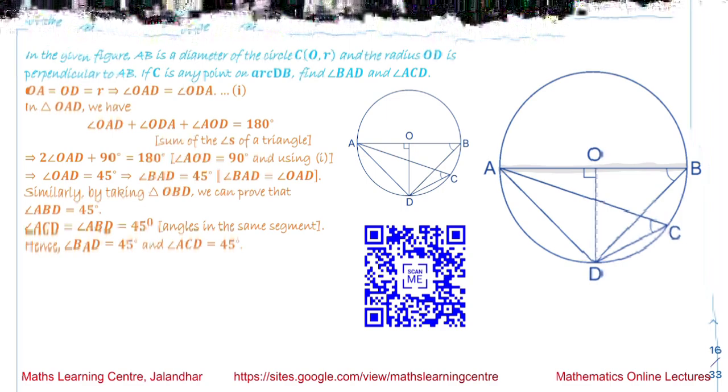Now to prove this, we are joining the points A and E, and now angle AEB is 90 degrees. We are talking about this angle over here.